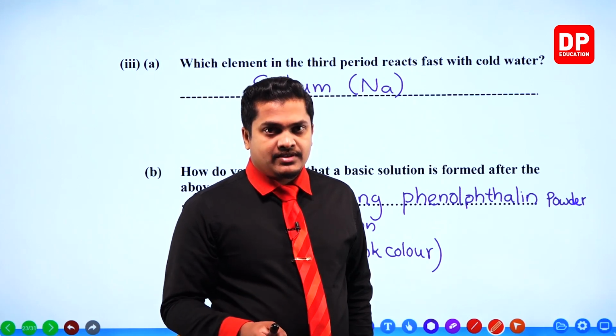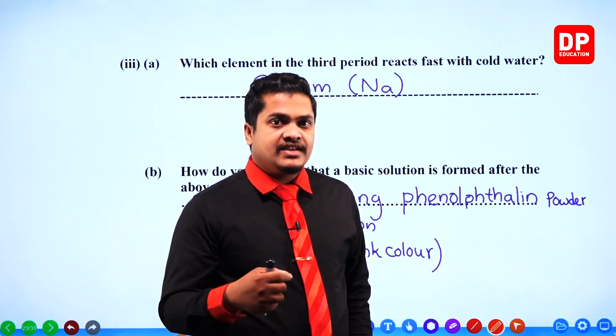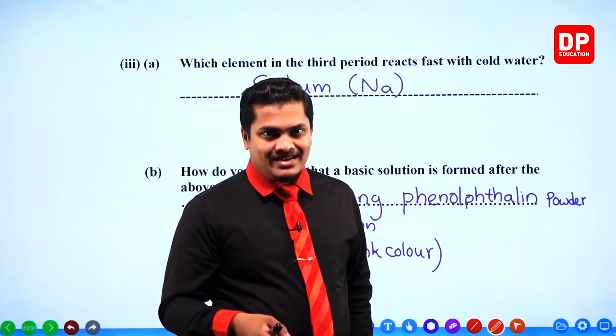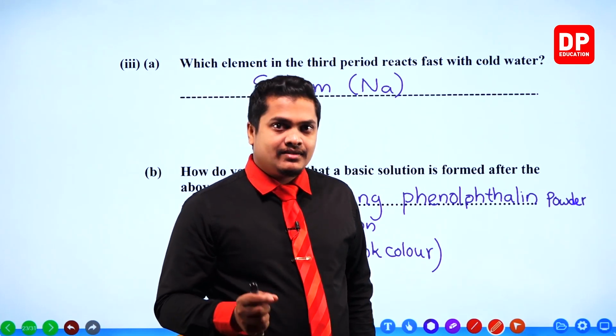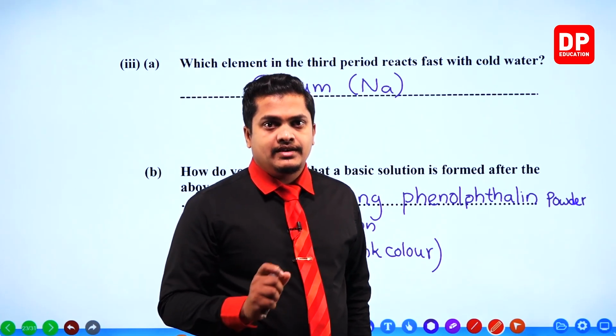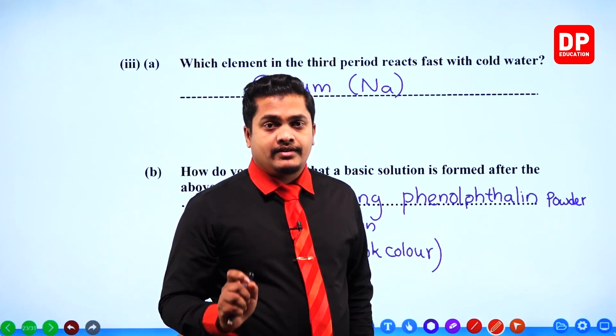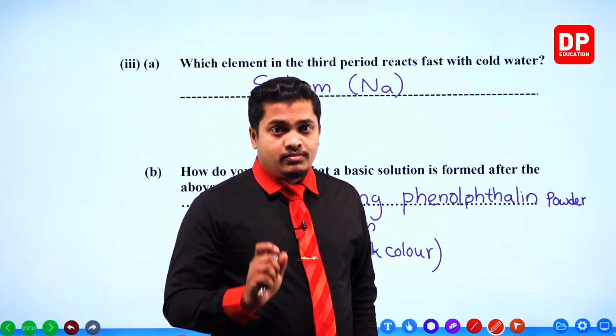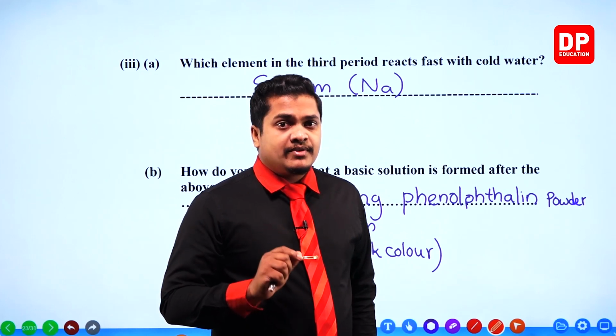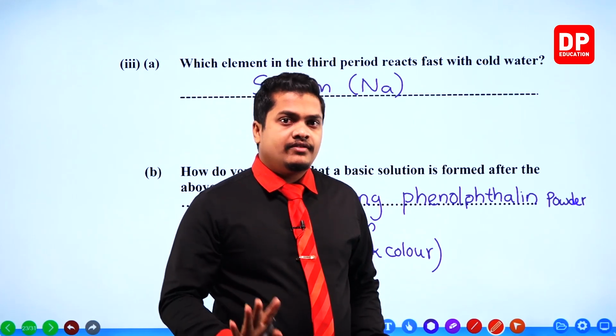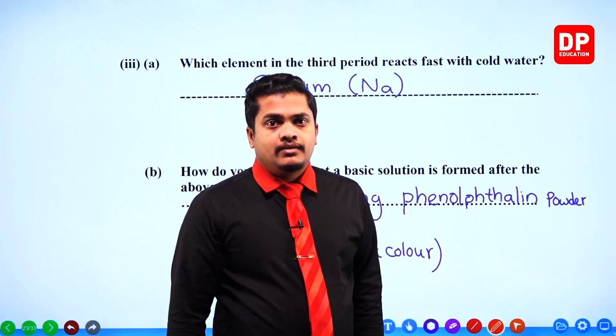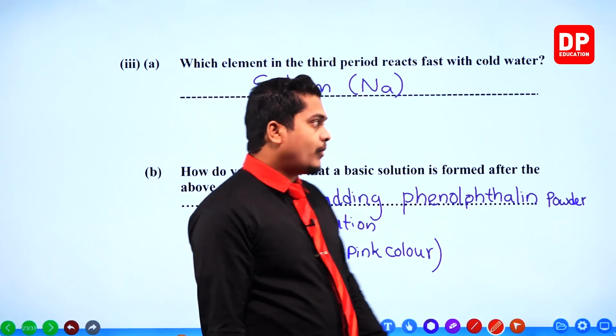By adding red litmus into this solution, if it turns blue, that means the basic color. By that way also, we can get the same observation. So if red litmus turns blue, then we can state that it's a basic solution. Okay, right.